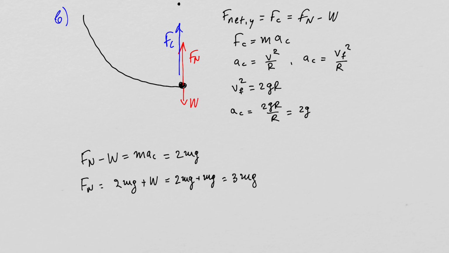Substituting the mass of the boy, which is 25 kilograms, gives us that the normal force is equal to 3 times 25 kilograms times 9.8 meters per second squared. That gives us 735 newtons for the normal force.